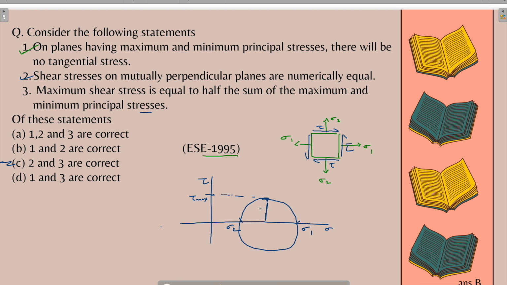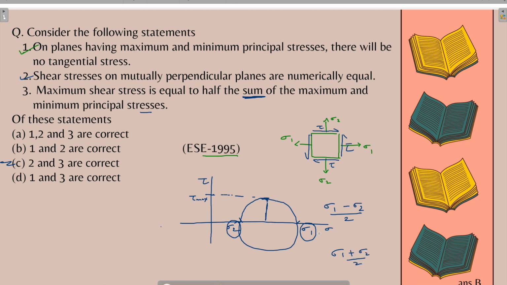So how do we find the radius? In the previous lecture we have done this: the radius is nothing but the difference between these two, sigma 1 minus sigma 2 by 2. The statement says that the maximum shear stress is equal to half of the sum of the maximum and minimum principal stresses, that is, the radius is sigma 1 plus sigma 2 by 2, but this is wrong.